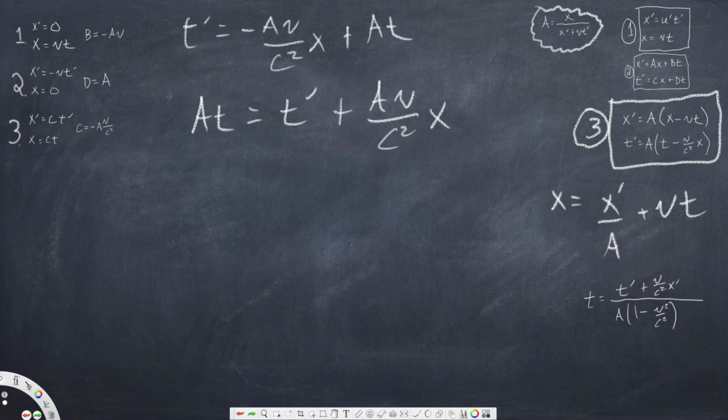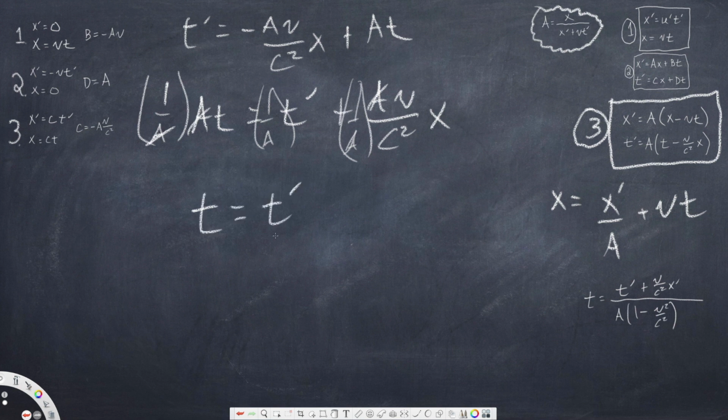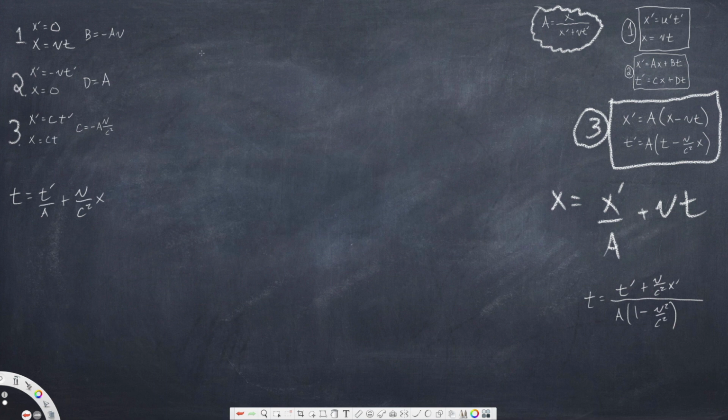Multiply both sides by 1 over a. These ones cancel. We get t equals t prime over a plus v over c squared x. Plug that into our x equation.